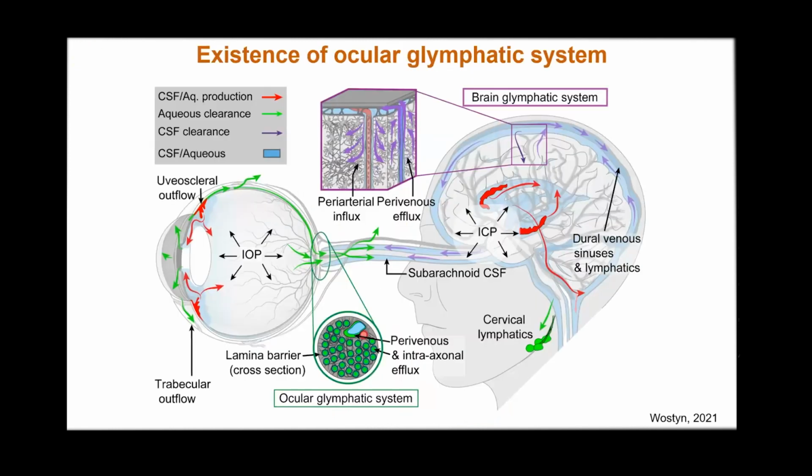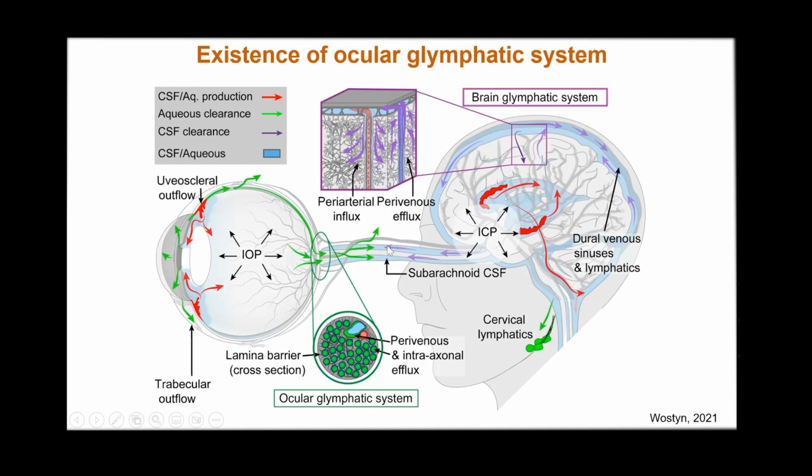And apart from the lymphatic system in the brain, there is also a similar system in the ocular compartment in the eyes. So in this schematic, you can see this is a brain lymphatic system. And as I said, one of the efflux routes is along the perineural sheaths of the cranial nerves. And the subarachnoid space that is here, where the CSF is flowing, is also in continuity with the subarachnoid space of the optic nerve.